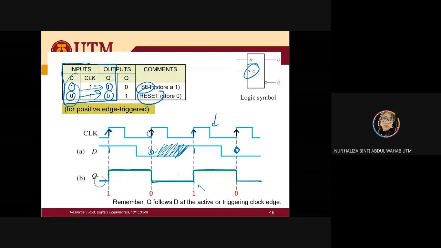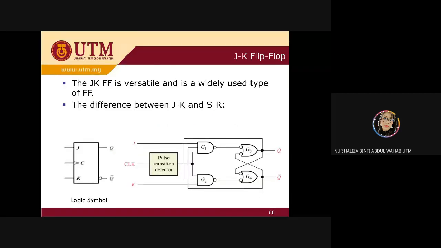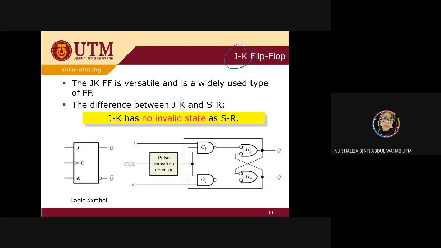So it's slightly easier than JK, SR. You need to have 0, 0, 0, 1, 1, 0, 1, 1, isn't it? So let's proceed with our JK here. For our JK, you can see it is basically quite similar, but the difference is that JK has no invalid state.